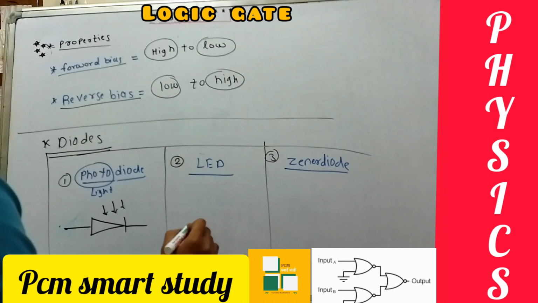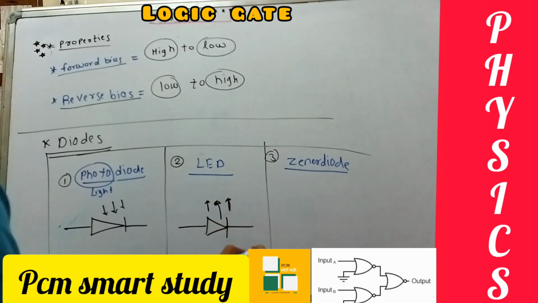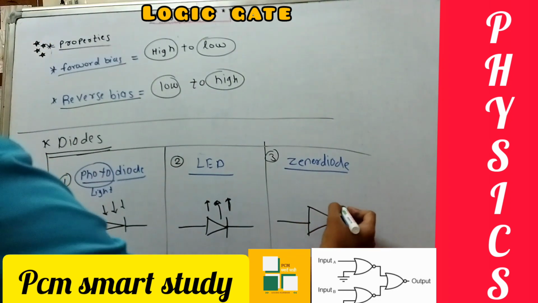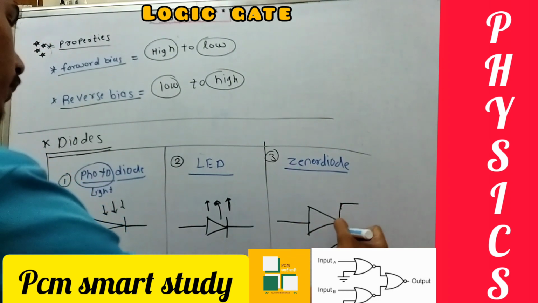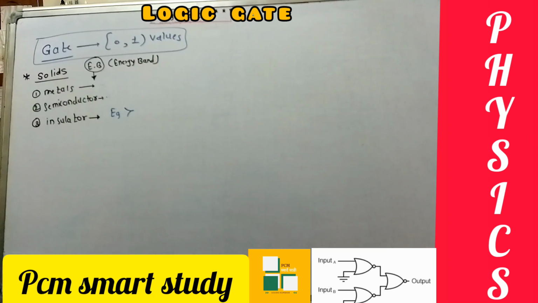Next is solids, but firstly gates have 2 values, 0 or 1. And in solids there are 3 types: metals, semiconductors and insulators. The energy gap is 0 electron volt for metal, 1 electron volt for semiconductor, and for the insulator the energy gap is greater than 5 electron volt.